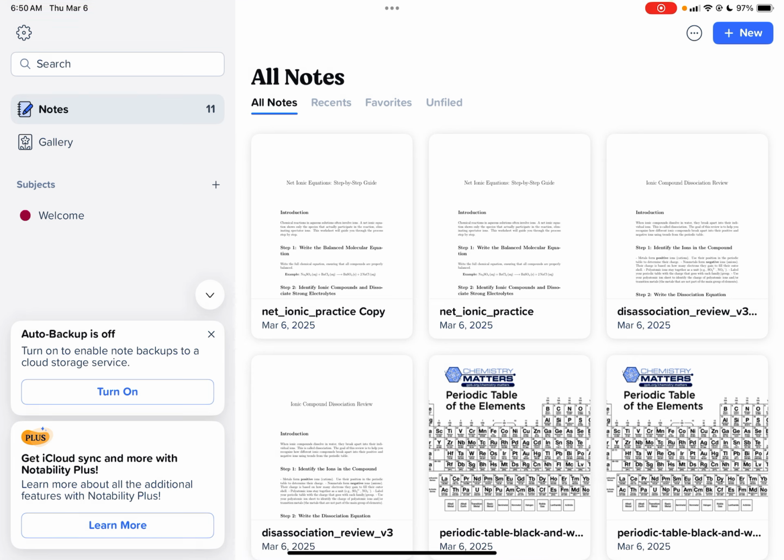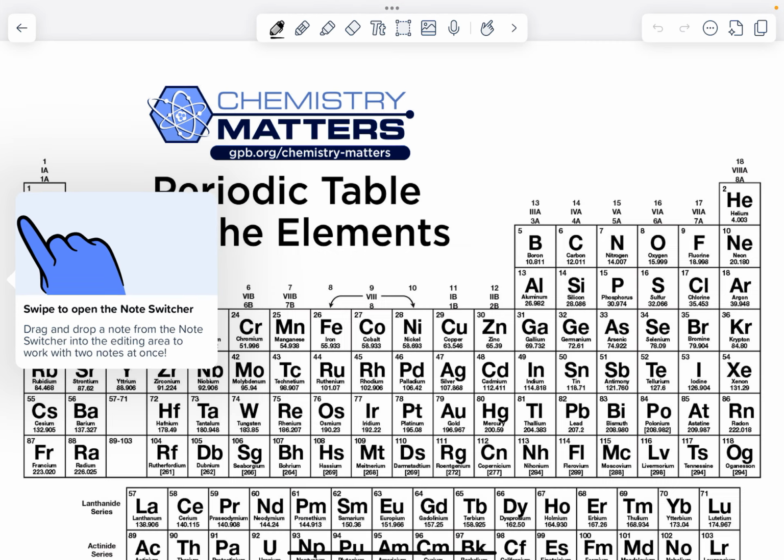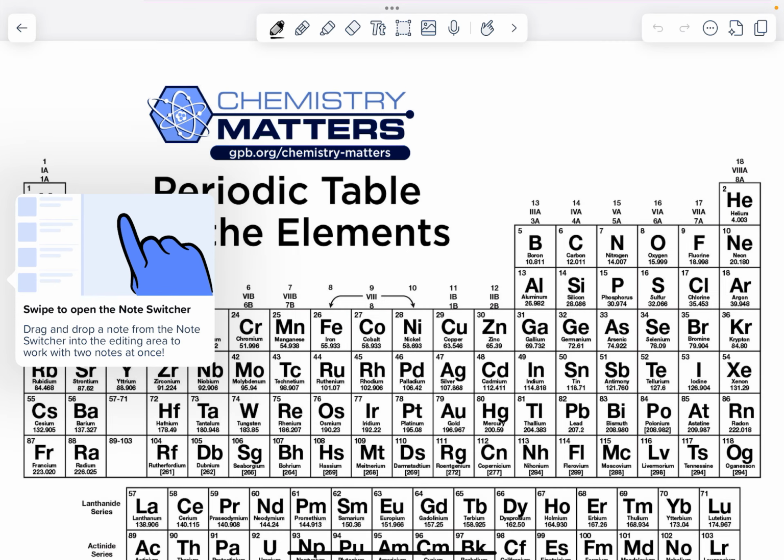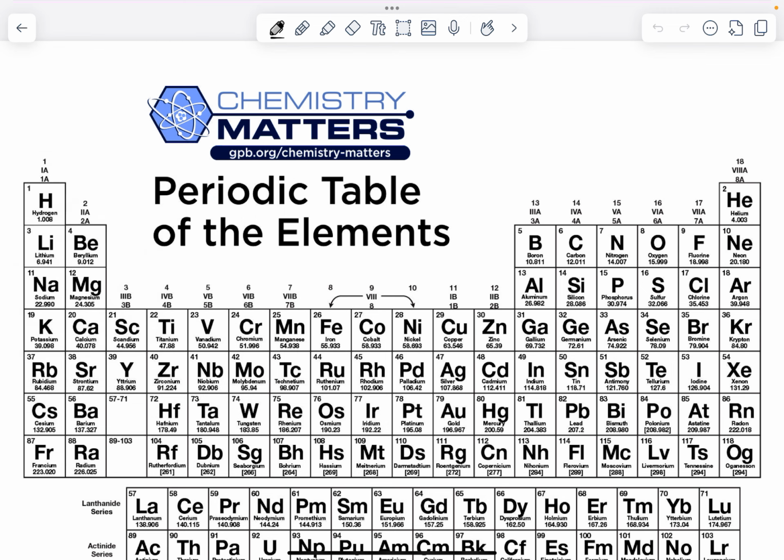So, first of all, if you don't already have your periodic table annotated, let's go ahead and take care of that. All right. So, all the metals have positive charges.